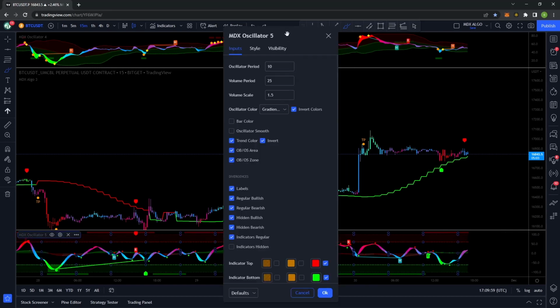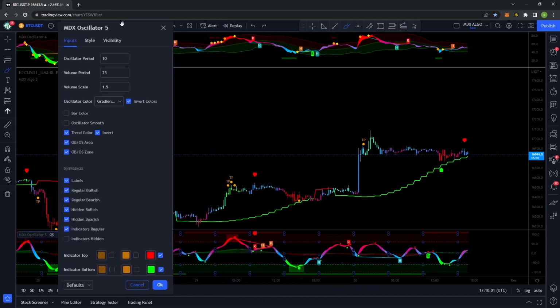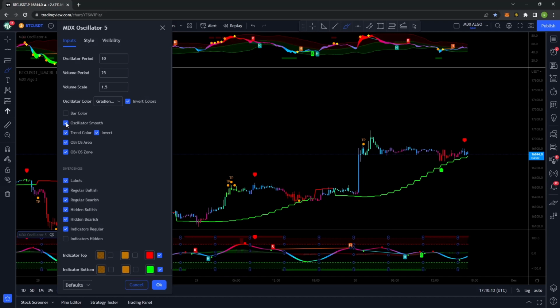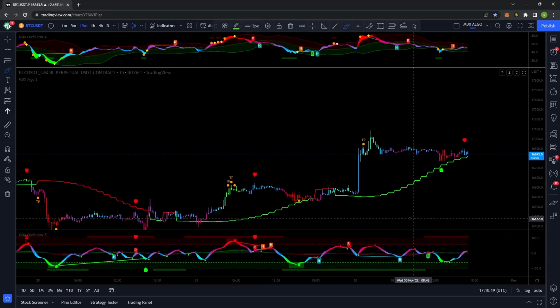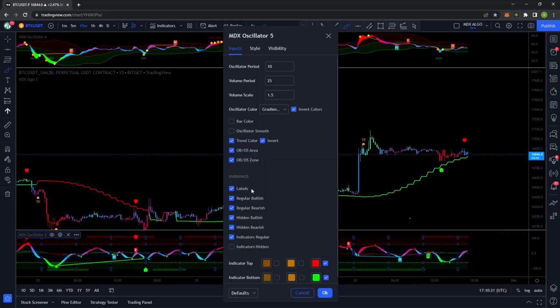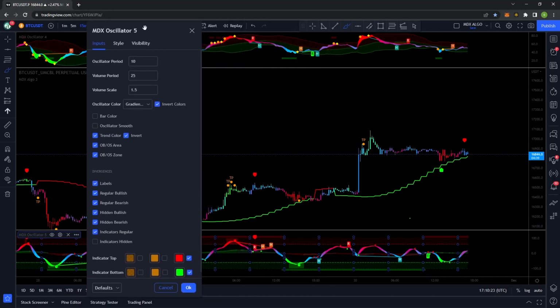Hop into the settings here. On all these indicators, you have the option to invert colors if you want. Let's just see what this does here. Oscillator smooth. Oh yeah, so just depending how you want to see it. That's cool. So a lot of visuals here. Those dots, I guess I can't get rid of them.